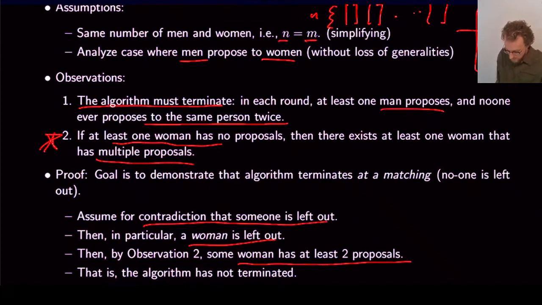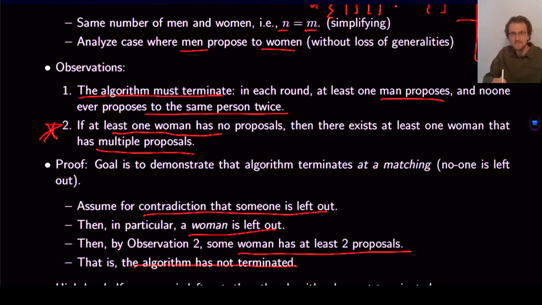So what we have here is that if the algorithm terminates at something that's not a matching, then the algorithm has not terminated. If what I just said is, if the algorithm terminates, then it has not terminated, that is a nonsensical statement. It's a contradiction, which means that the original thing I was assuming must not be true.